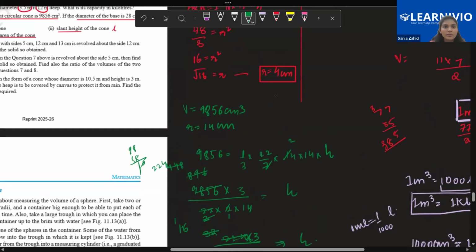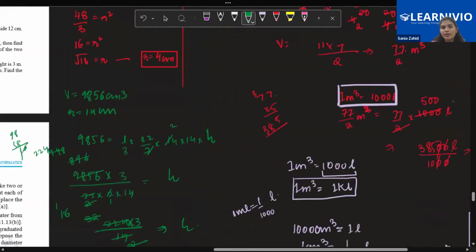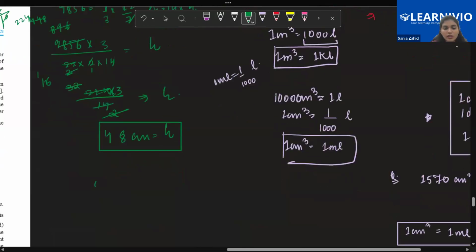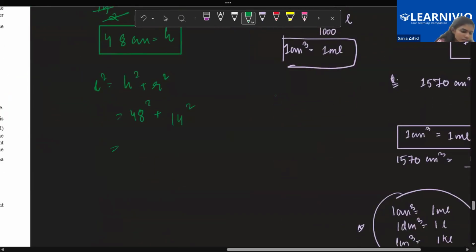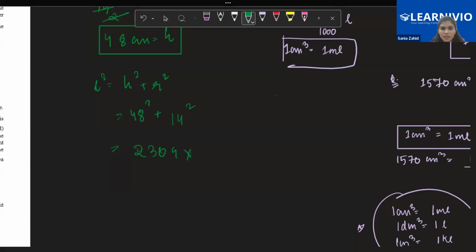Children, now I'm moving to the second part. Slant height you have to find. So again, you've got the relation L square is equal to h square plus r square. So h square is 48 square plus r square is 14 square. 48 into 48 is 2304, plus 196.